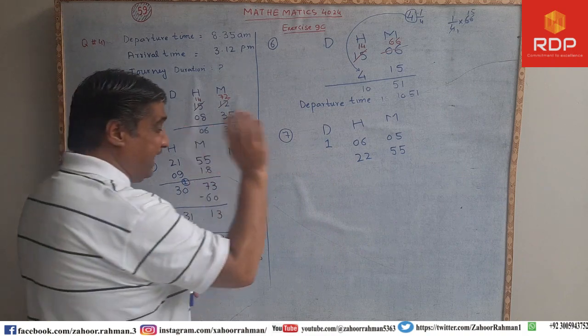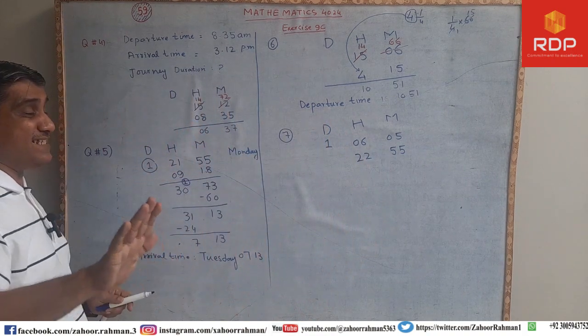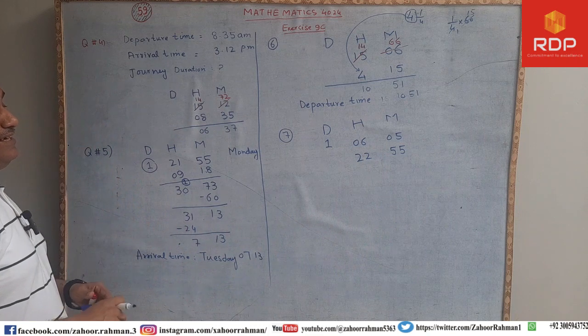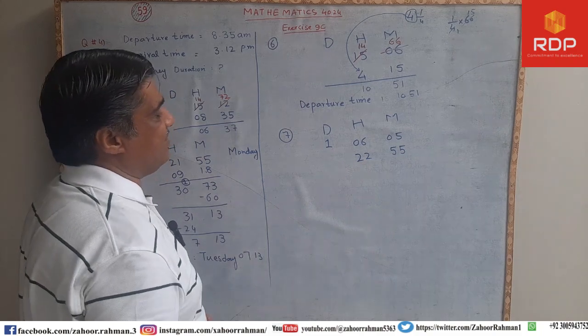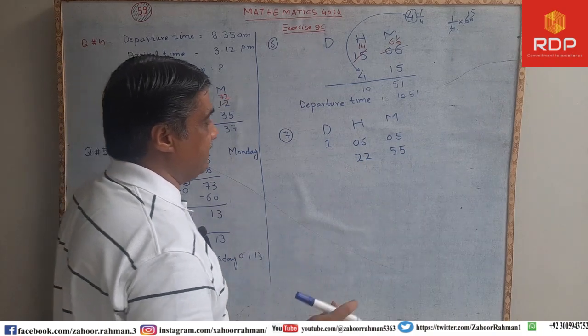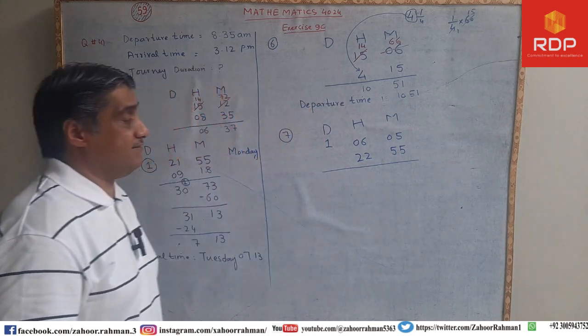That is why I am telling you to always write D if the question has a day function inside it or not, but write it. Make it your habit. So now we have to subtract.